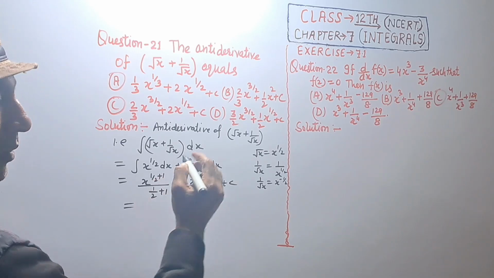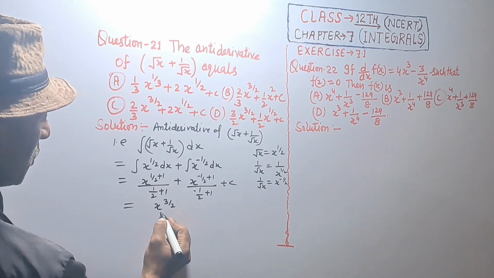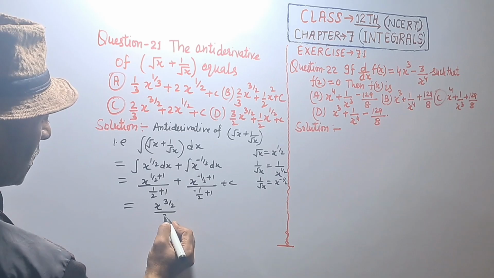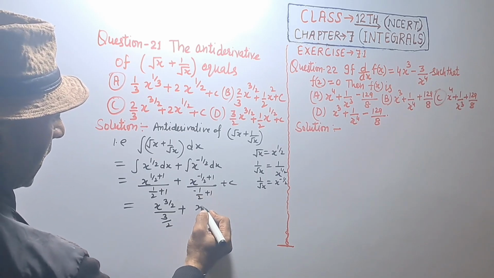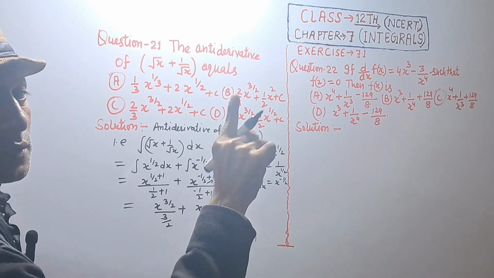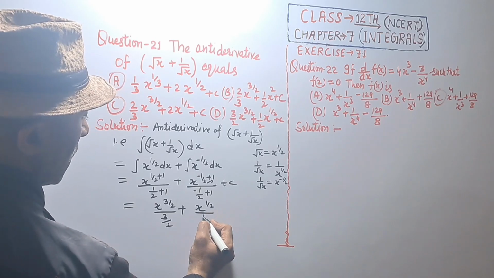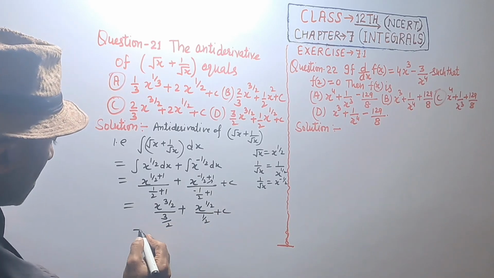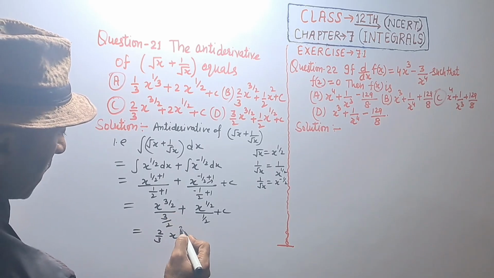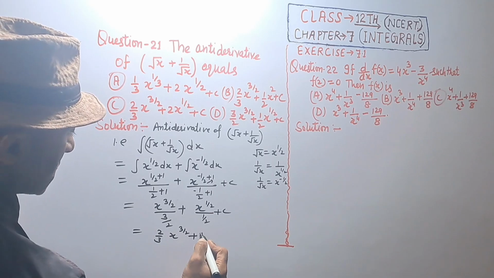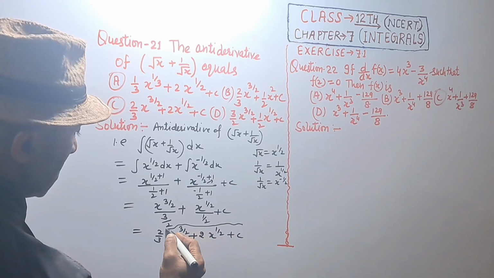So 2 1s are 2 plus 1, 3 upon 2: x raised to power 3 upon 2 upon 3 upon 2, plus x raised to power 1 upon 2 upon 1 upon 2 plus c. So we get 2 upon 3 x raised to power 3 upon 2 plus 2 into x raised to power 1 upon 2 plus c.